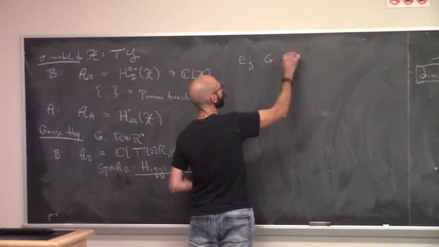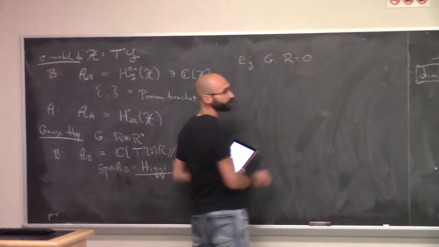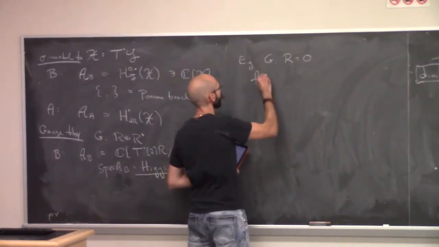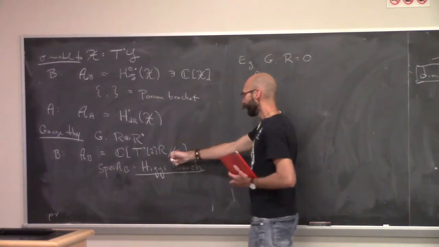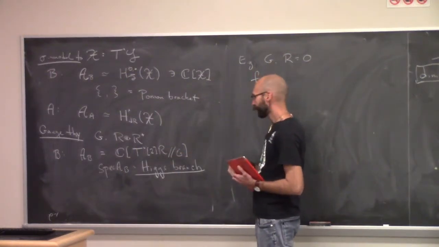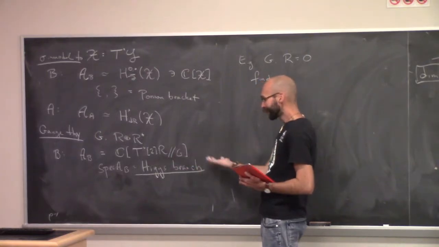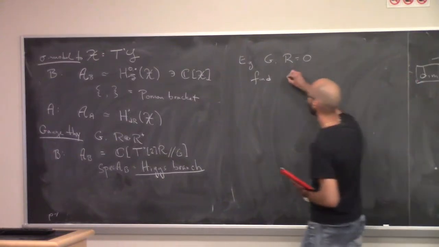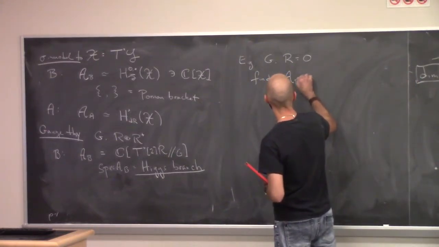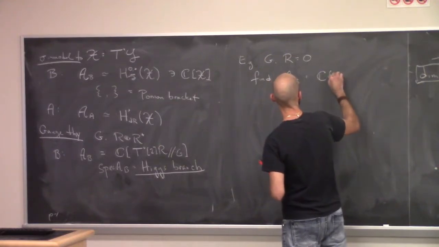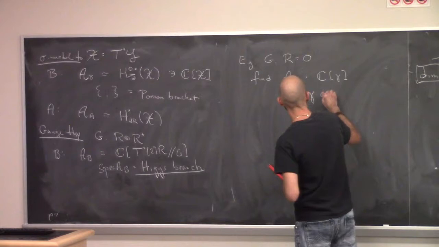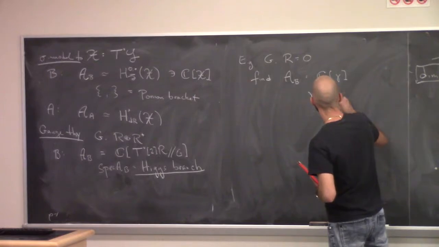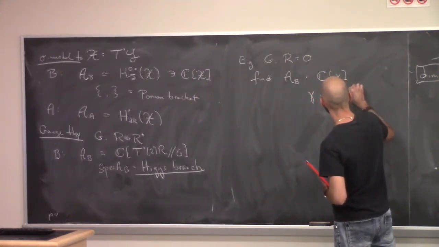So, example, you have any G, but trivial R, and you compute this thing, you find, coming from the fact that the moment map in the symplectic quotient has to be implemented in a derived way, an algebra generated by some Grassmann variables that are valued in the dual of the Lie algebra shifted by 1.